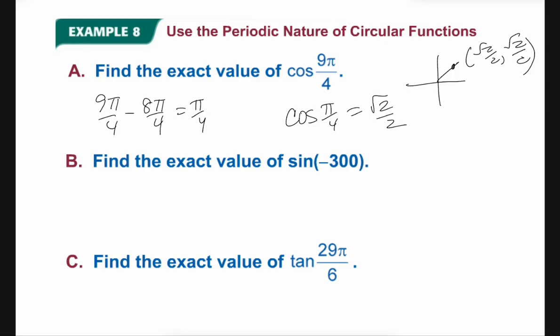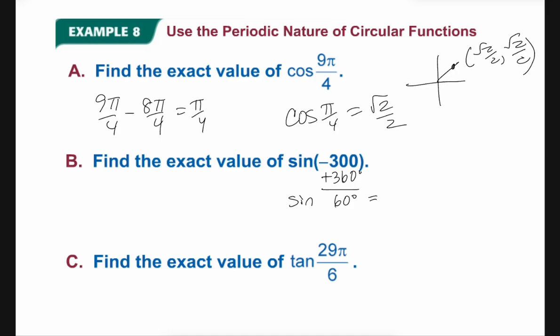So in B, negative 300 isn't something that I see right on the unit circle. But if I add 360, negative 300 is the same as 60 degrees. So I can just take the sine of 60 to answer the question. It lands me in the same spot. It is coterminal at that spot. So adding 360 or subtracting 360 or adding 2 pi and subtracting 2 pi will get you what you want.